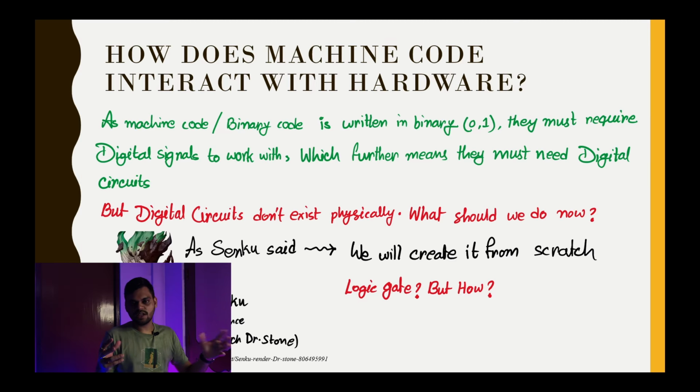Zeros are false and ones are true. Aren't those related to the machine code? Obviously they are. So in order to understand the machine code, the computer needs to work with digital signals or digital circuits.